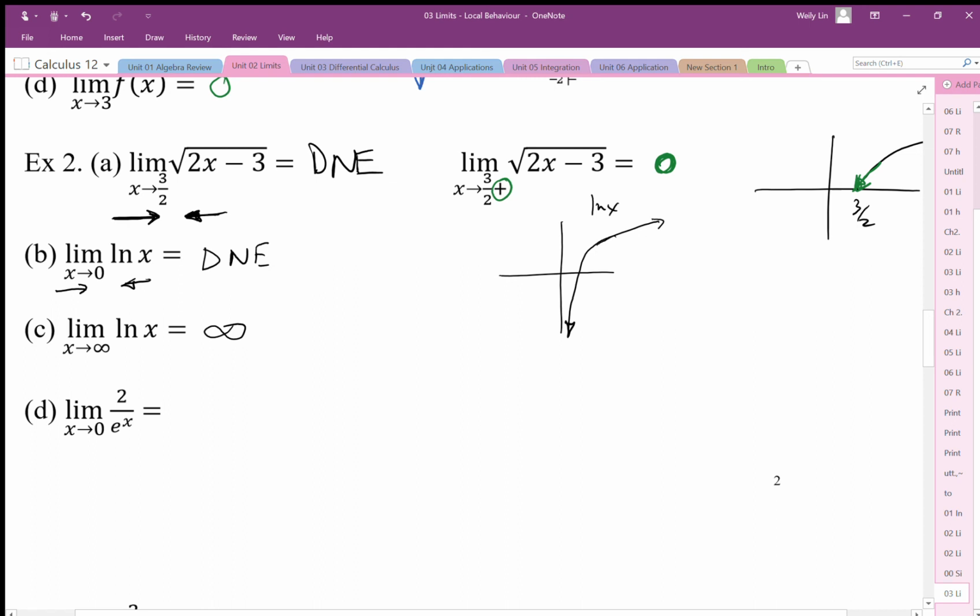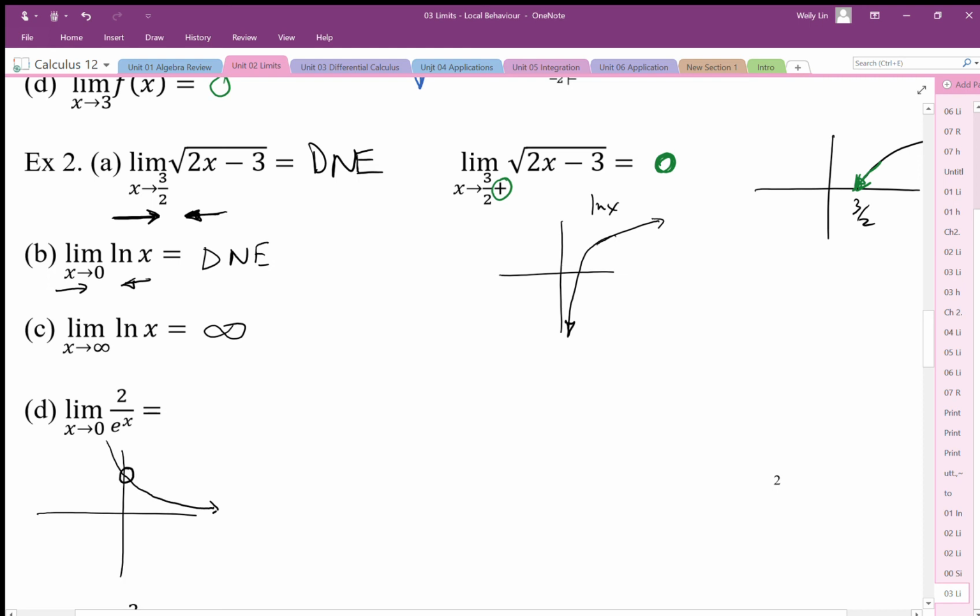The last one for this page, we have this function. I'm going to draw it here. This is 2 over e to the x. It's an exponential decay graph. But what's happening as we approach 0?